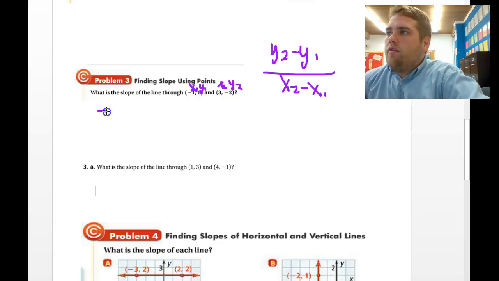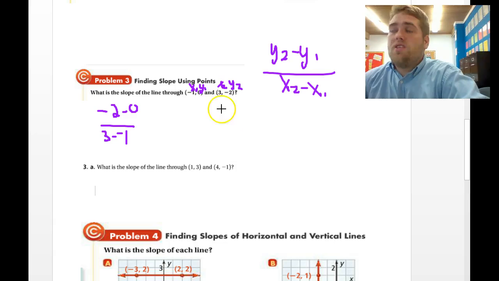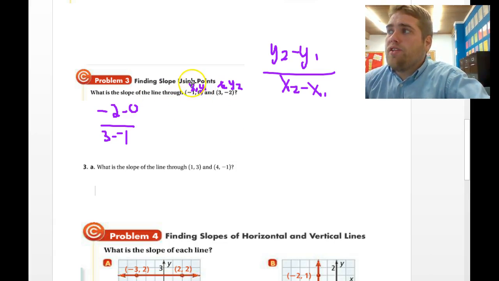Okay, so I have -2 minus 0 over 3 minus -1. Once again, I label my points, x, y, x, y. It does not matter which one you start with. I would recommend just going in order from left to right. So x1, y1, x2, y2.